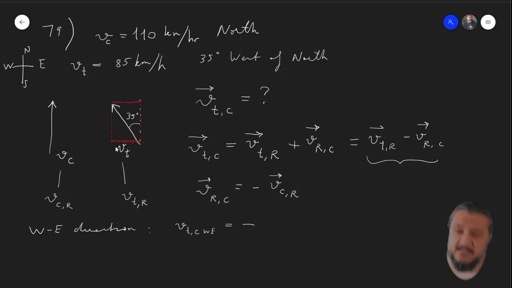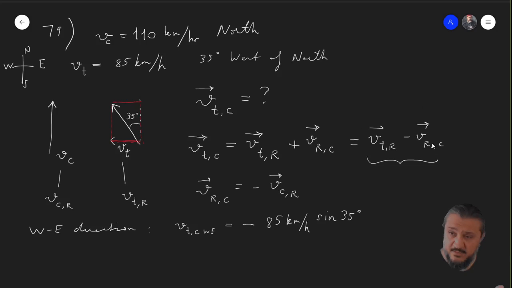It's pointing to the left, therefore it will be negative: negative 85 kilometers per hour times sine 35 degrees, for the first term.